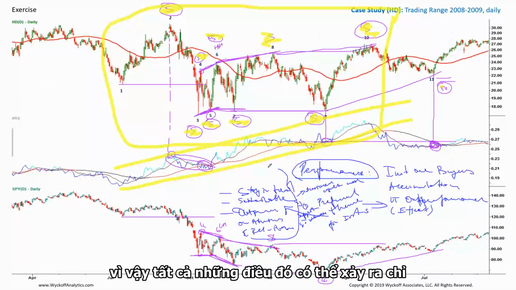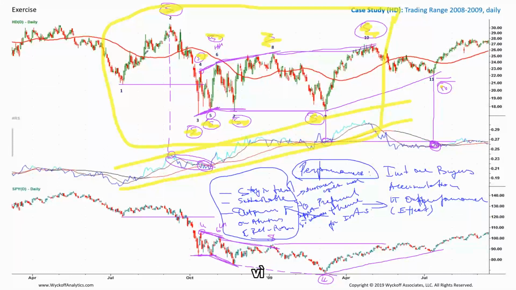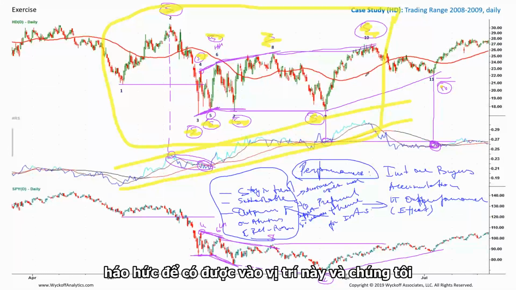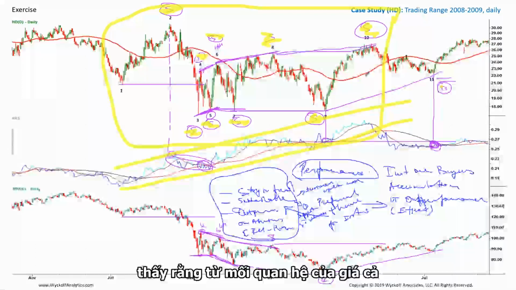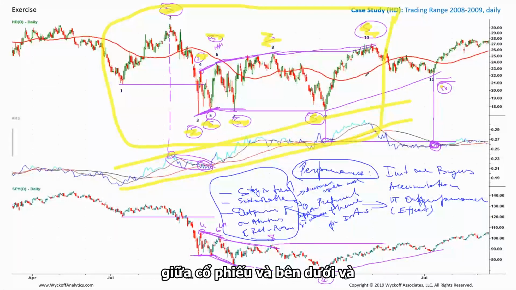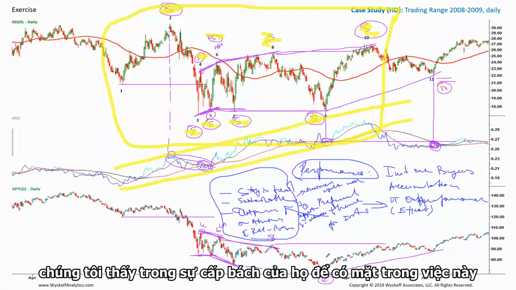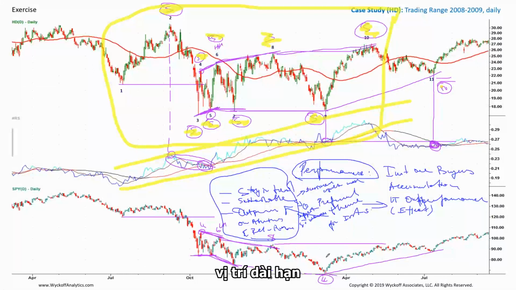So all of those things could happen just because institutions are eager to get into this position. And we see that from the relationship of prices between the stock and the market proxy. We're seeing their urgency to be in this position long term.